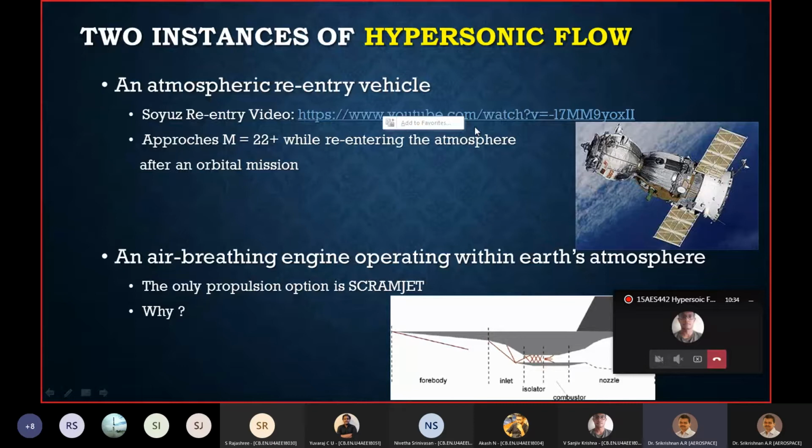It need not be complete or even correct. So what is your intuition or understanding about why scramjet? Scramjet, as you know, is the acronym for supersonic combustion ramjet. Why is scramjet operation required at hypersonic velocity and not ramjet? Anybody?